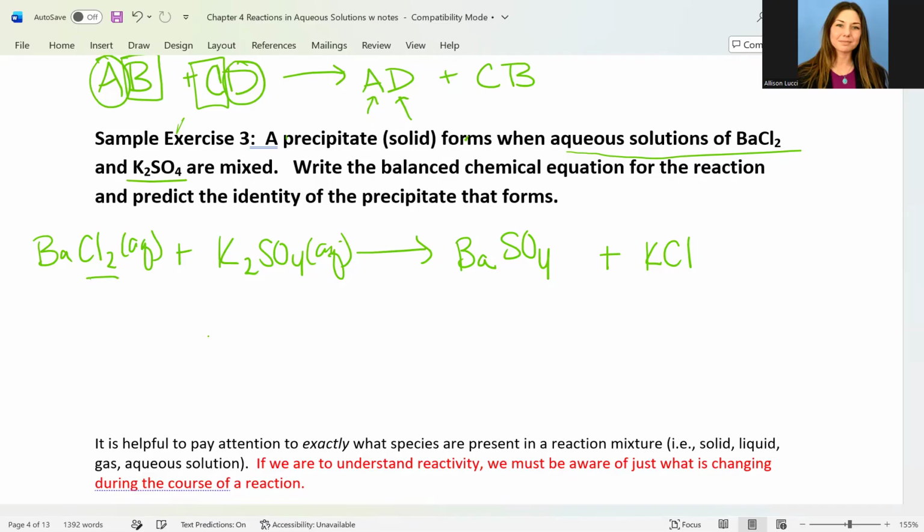Notice that I have 2 and 2, so that makes me think that I'll probably need 2 of each of those. I still don't know if it's solid or aqueous yet. But for every 1 barium, I only have 1 sulfate over here, so it looks like that's already balanced. So I just need to add that coefficient 2 here. We're asked specifically to write the balanced chemical equation, so we've made sure to do that so far.